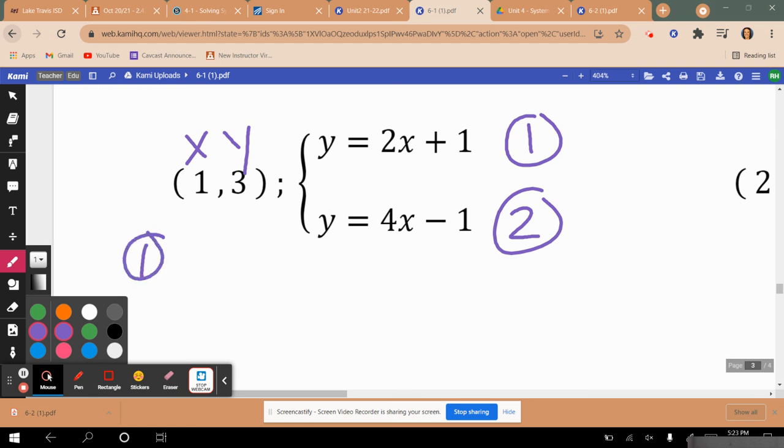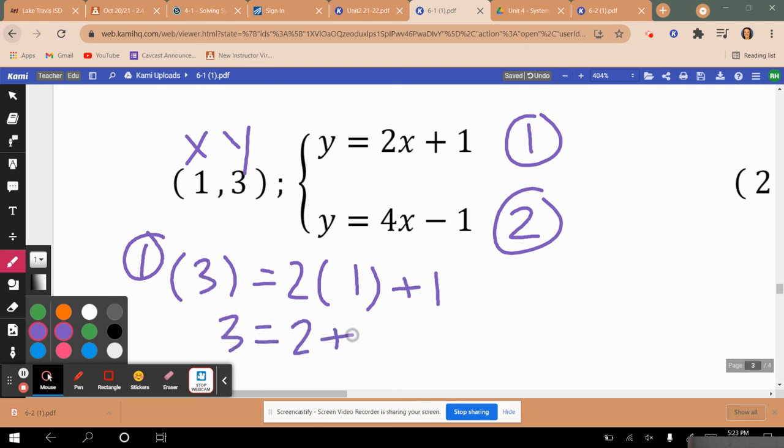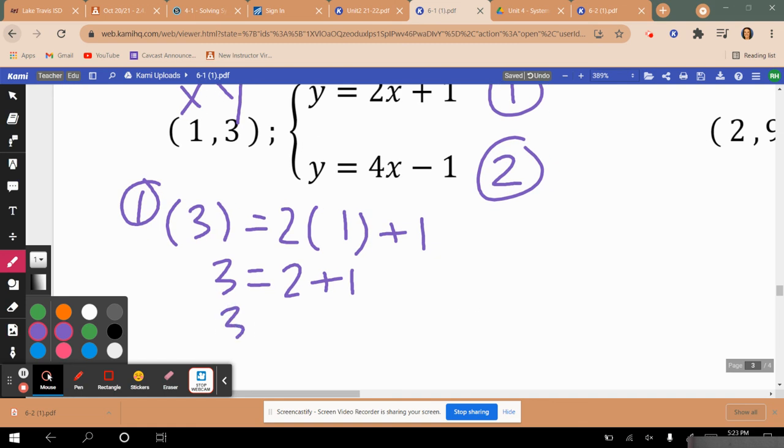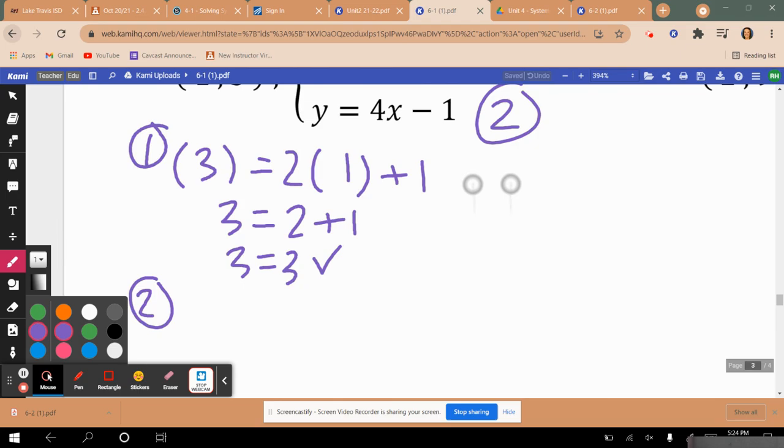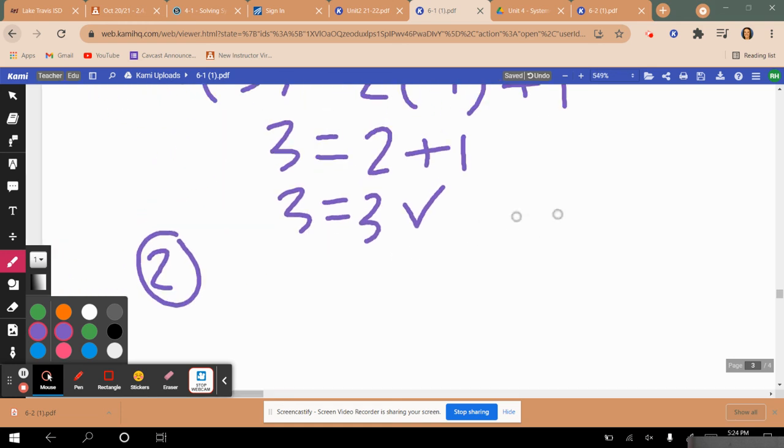Substituting for 1 first, we have y equals 2 times x plus 1. Replacing our x and y, we have 3 equals 2 times 1 plus 1. 3 equals 2 plus 1. 3 equals 3. That checks out. For our second one, we have y equals 4 times x minus 1.